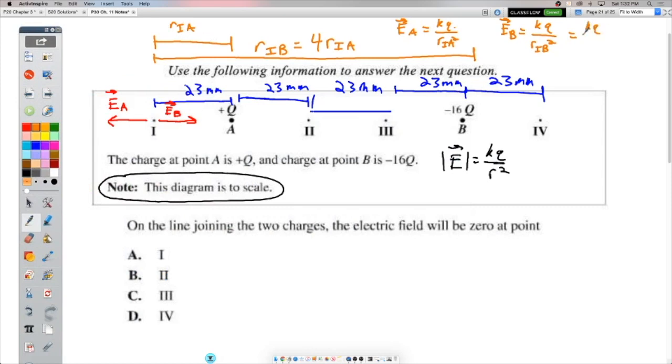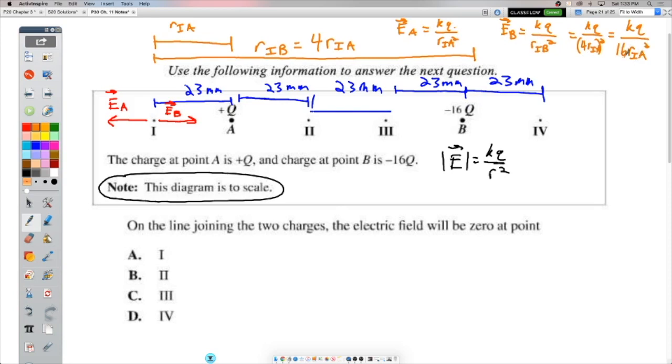So KQ over 4 R 1A squared. Now that 4 gets squared, so that's KQ over 16 times R 1A squared.